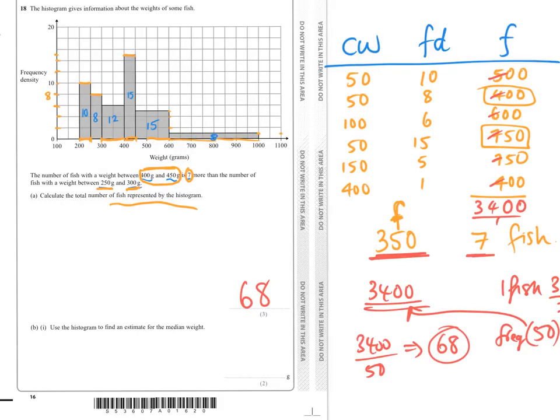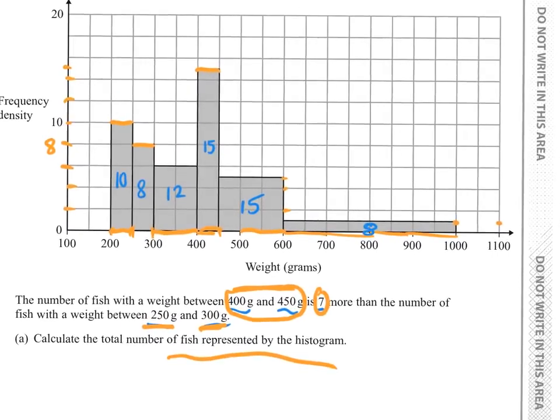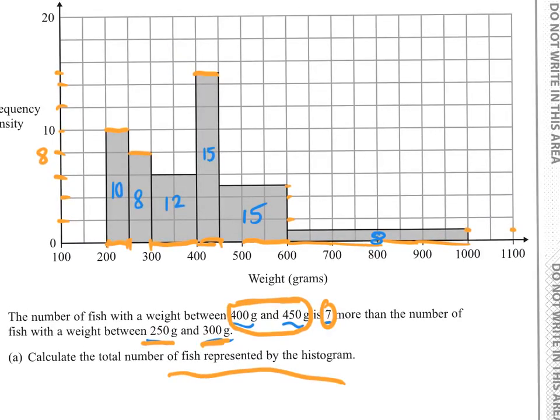For part B, I've not done these histograms for a long time, but let's have a look. For part B, I've put in blue here how many fish, because we said that a frequency of 50 was 1 fish, wasn't it? So each of these little squares represents 2 fish.